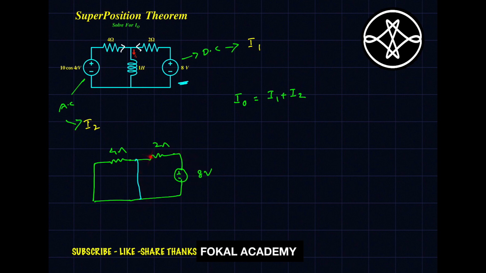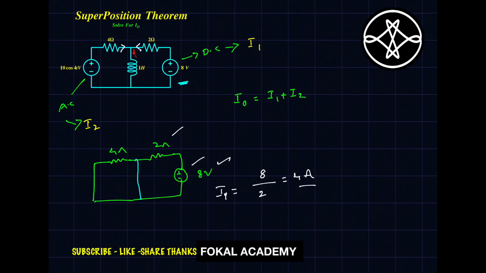Now the current in this branch, according to Ohm's law, is voltage by resistance, which equals 4 amperes. That is I1, the current contributed by the DC source to the inductor.